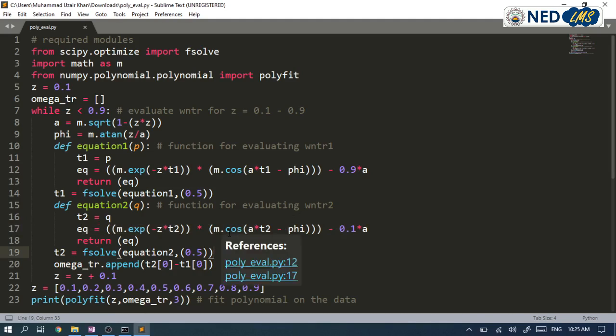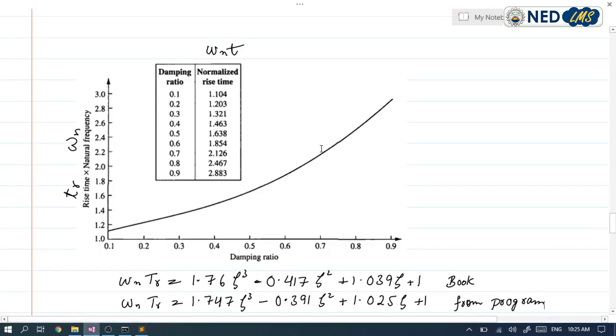So after that we will use this fsolve function to solve these equations. So here I have written both the formula for rise time that we have in the book and the formula that we have developed from that program, and you can see here that both formulas are approximately the same.